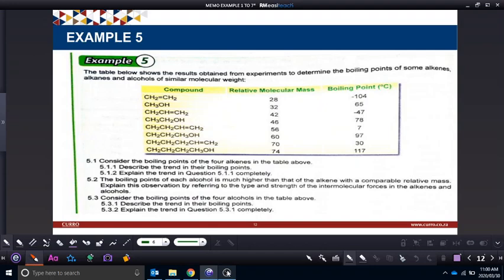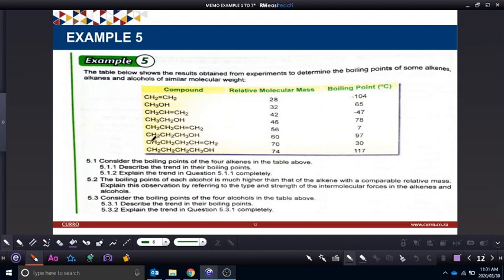The boiling points, if you look at the alkenes, that is number 1, 2, 3, and 4, you will see the boiling point is increasing as the number of carbons is increasing in the chain. And then with the alcohols, exactly the same thing. As we increase the number of carbons, we have an increase in the boiling point.